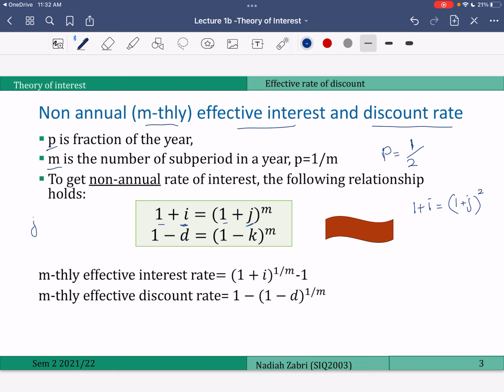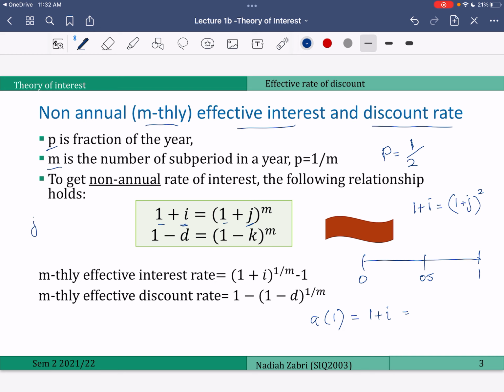Okay, let me illustrate what's going on. This is our period, between 0 and 1. And this is half of the year. Okay, so our accumulated value factor A1 is equal to 1 plus I between 0 and 1.